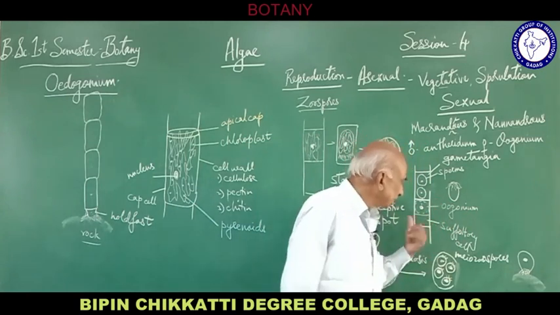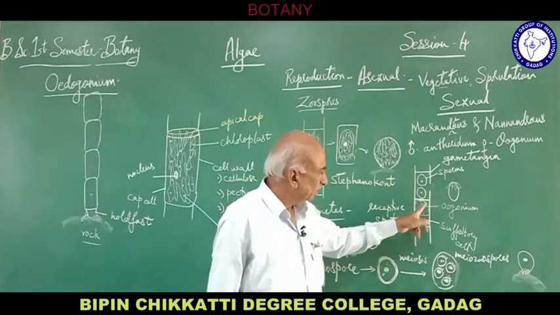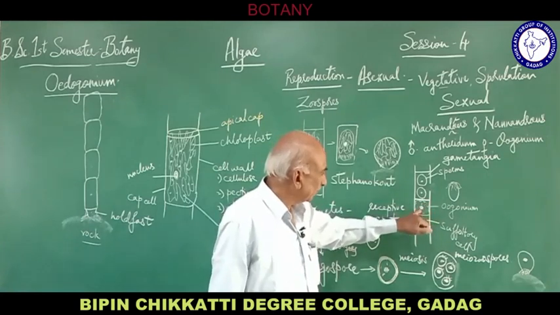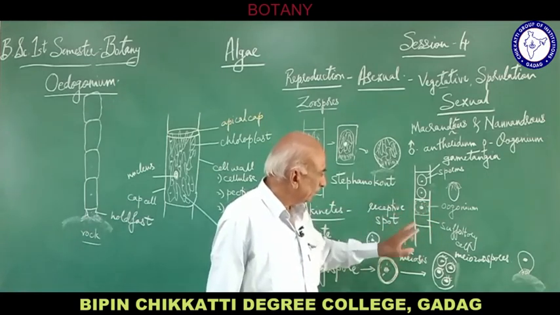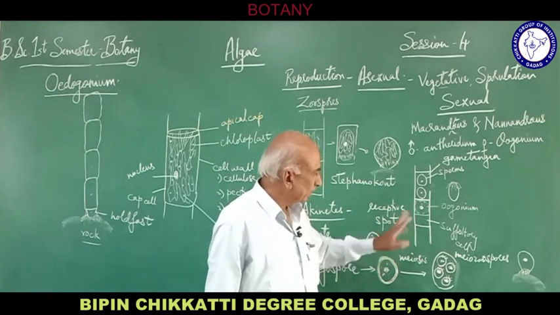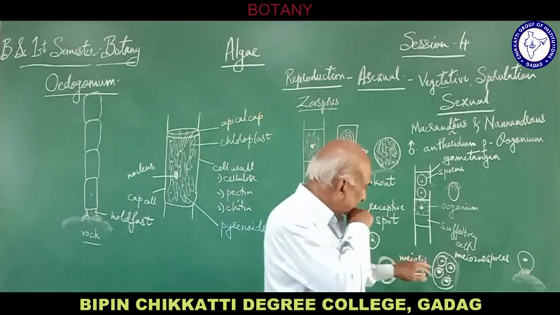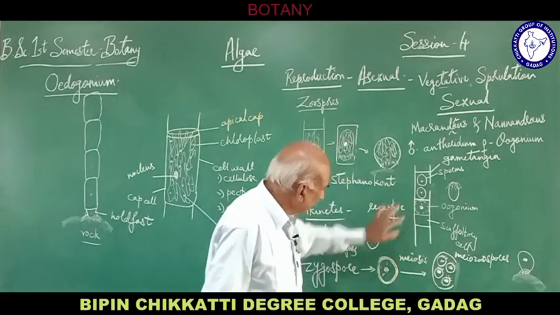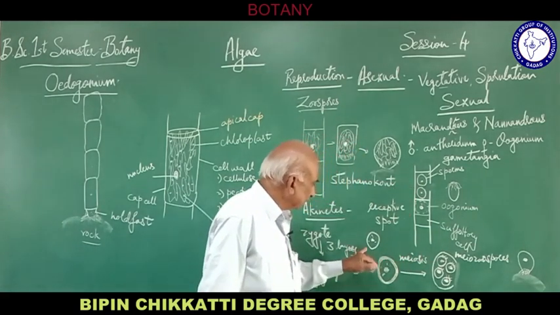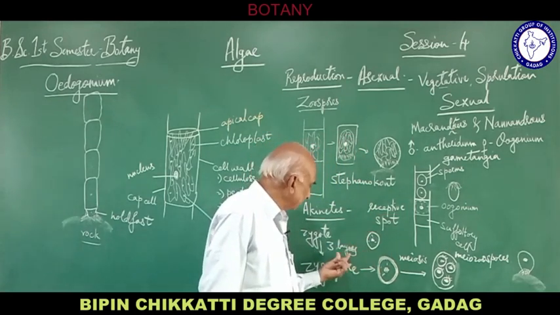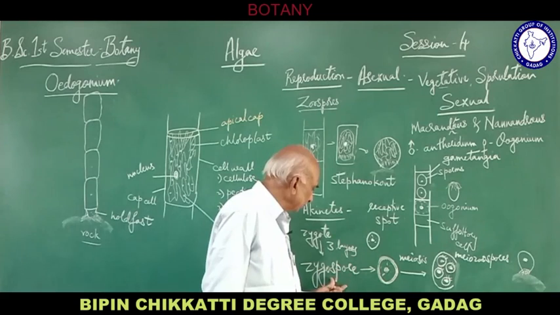Fertilization takes place in the oogonium, where the sperm enters through the receptive spot and fuses with the egg; this is also called the supporting cell. Then the zygote which is formed is released out of the filament, and it develops 3 thick layers, and then the zygospore is formed.